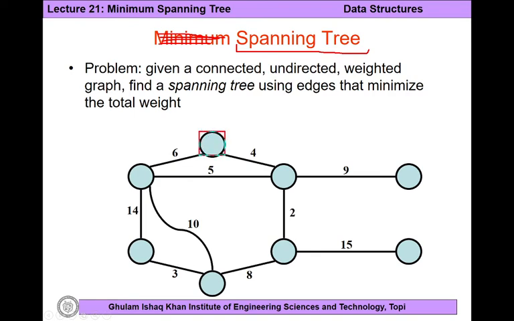Let me try to draw a fresh graph so that it may be more visible to you, because drawing over the existing graph may distort some of the figures, right? Now if you see here, this is a graph. I want to extract a spanning tree from this graph, and I can extract multiple spanning trees from it.